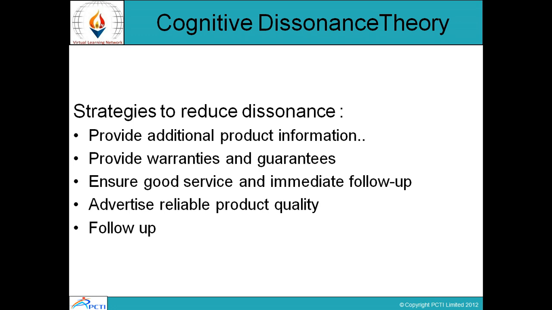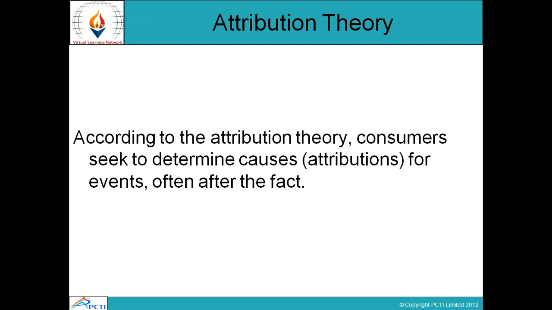Advertise reliable product quality and performance to reassure recent purchasers of product satisfaction. Another is follow-up. It's very important that after the purchase there is direct contact to make sure that the consumer understands how to use the product and ensure that he is satisfied.